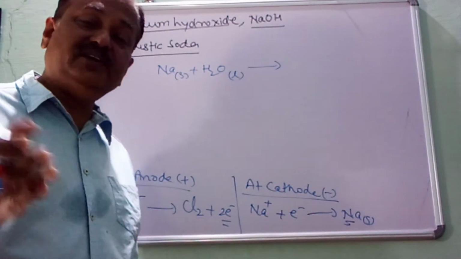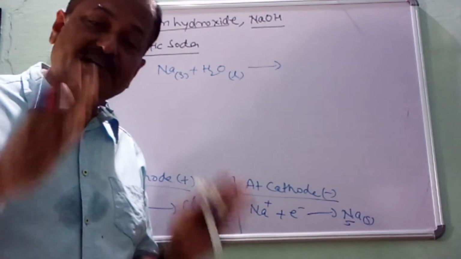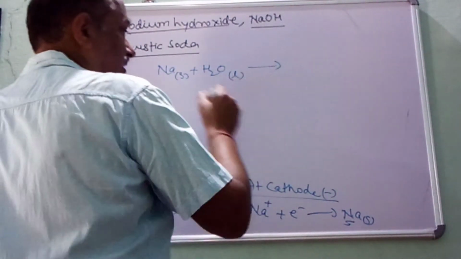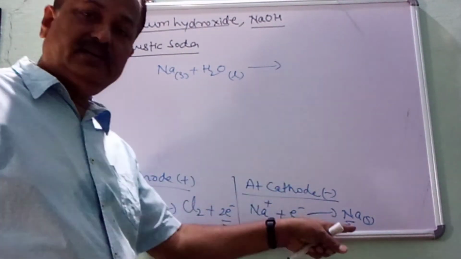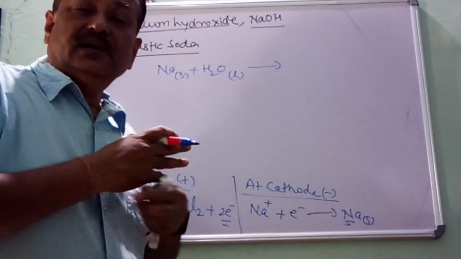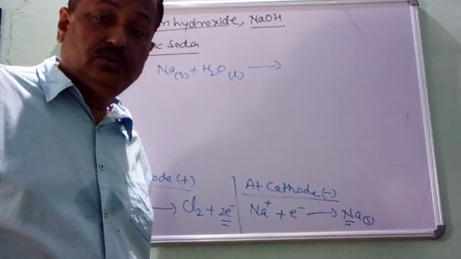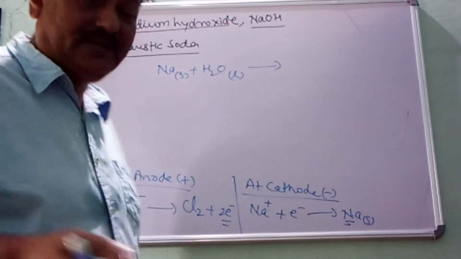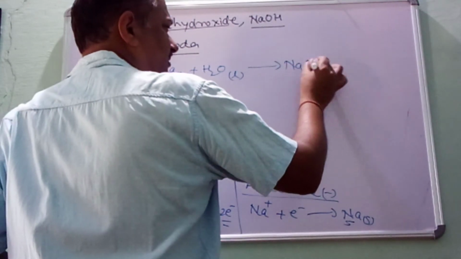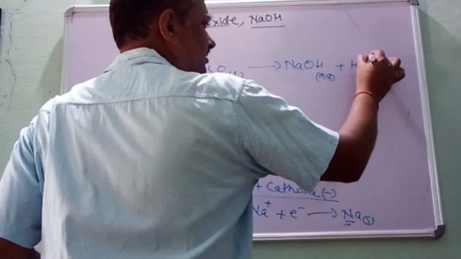Molecules cannot take part in the reaction; molecules have to be converted into either atoms or ions. So one atom is produced here, and it will react. It is not that a large amount of sodium is deposited and then the reaction begins. The reaction takes place step by step. It's a very complex process. So there is aqueous sodium hydroxide, and hydrogen gas is produced.